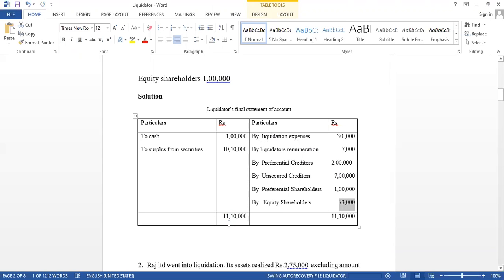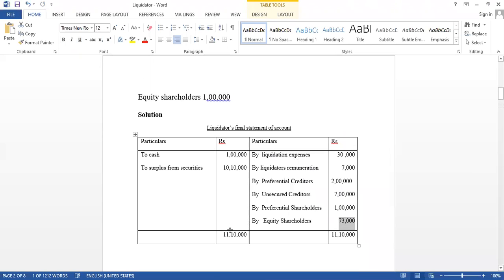On the debit side, 11 lakh 10,000 is here. What are the expenses the liquidator made? Liquidation expenses is 30,000, then this is also 7,000, so 37,000. Preferential creditors 2 lakh, 7 lakh, 1 lakh.